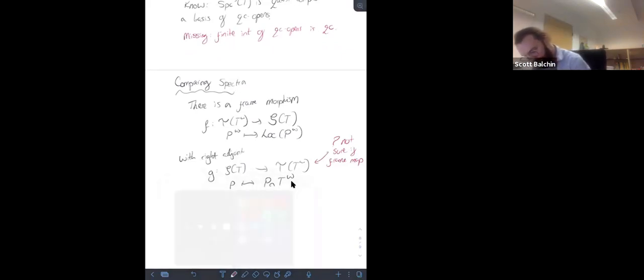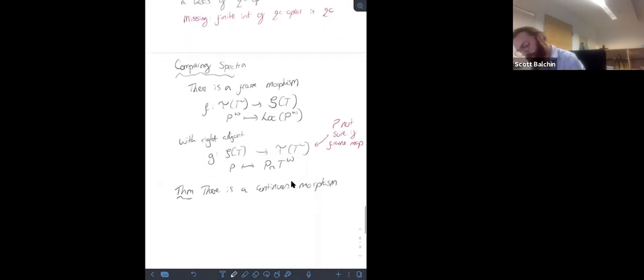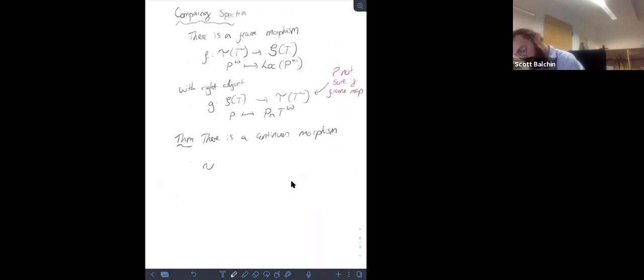So here's a theorem. I'll tell you some properties of this map. There is a continuous morphism, let's call it psi, from the smashing spectrum of T into the Balmer spectrum of the compact objects.